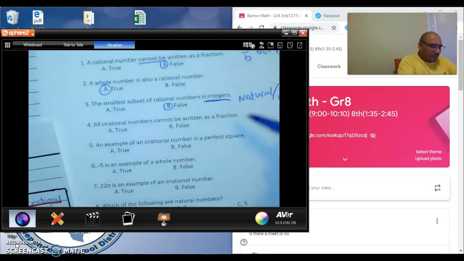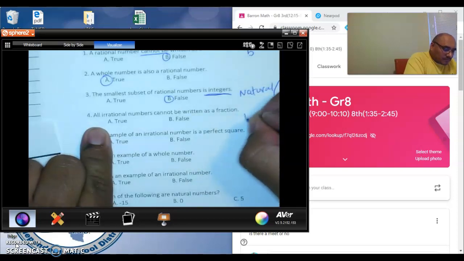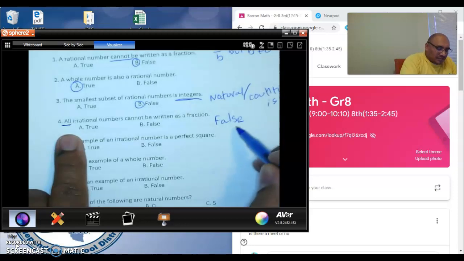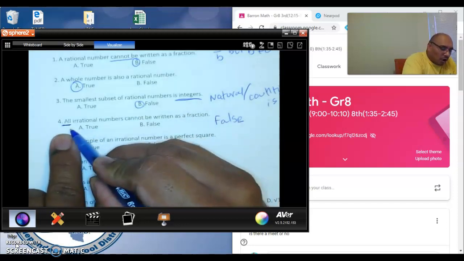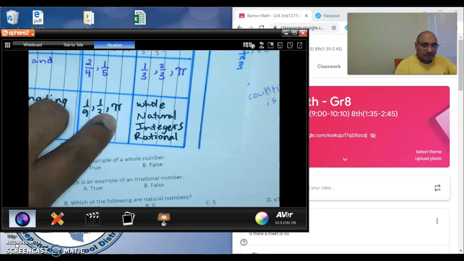So this statement is false. I did say it was false, and remember here, all, which is not true. Some of them are decimals. Pi is a decimal.